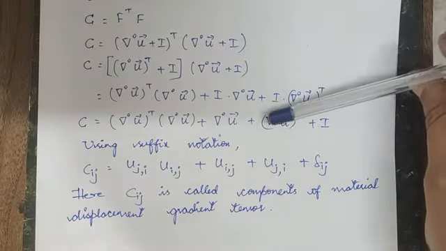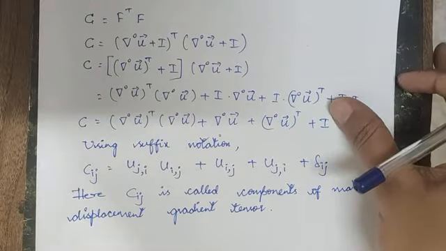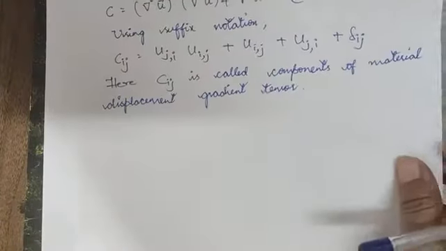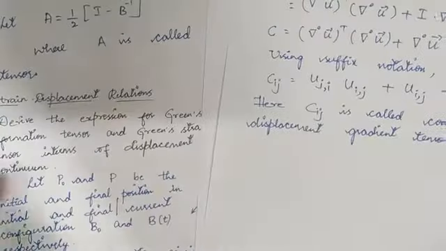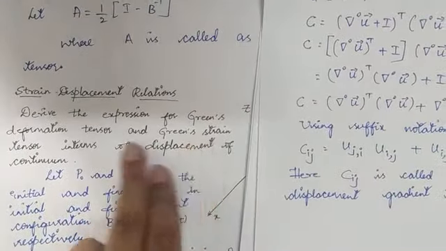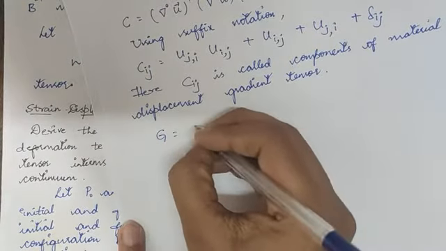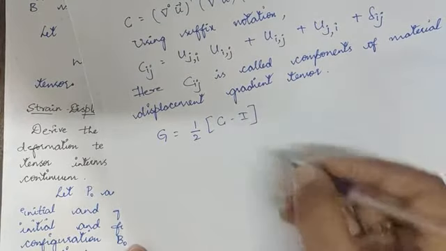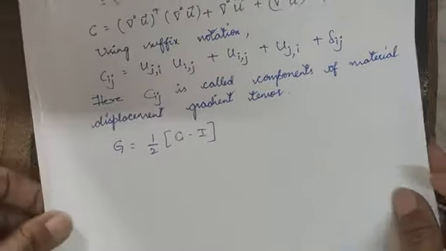Using C, now I have to find the displacement strain tensor. We know the expression for the Green's strain tensor, which I denote by G. G is equal to half into C minus I. You know the value of C, just substitute here and solve.